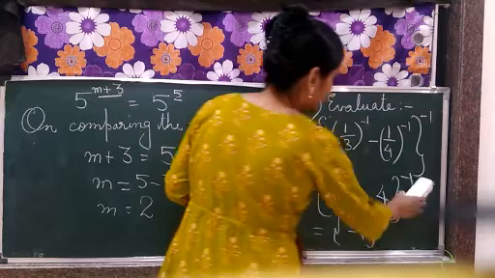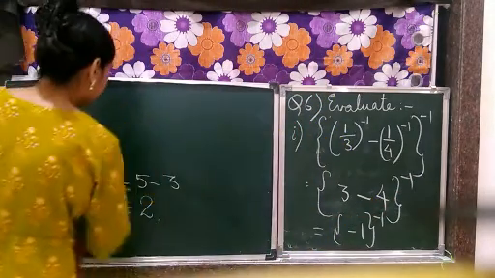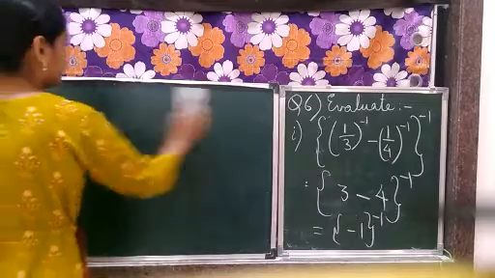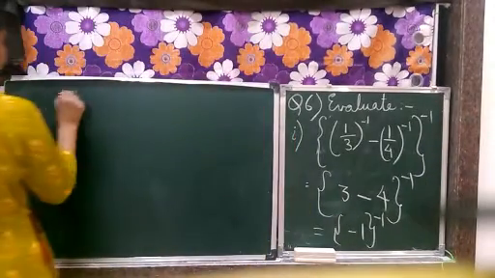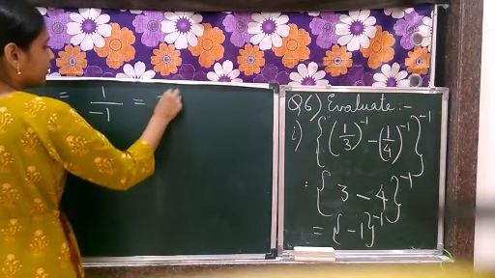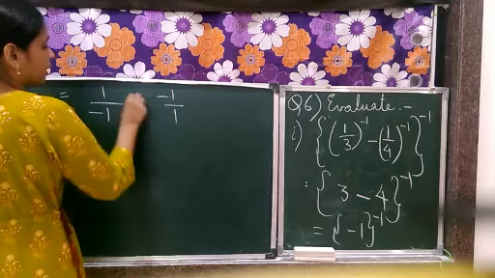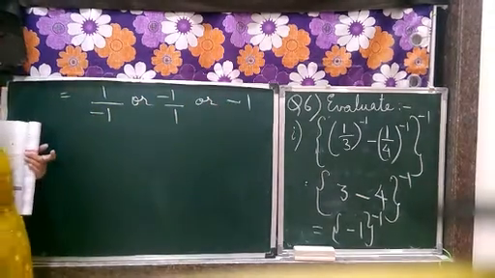Now we have written this exponent here. We are going to remove the negative sign from there and it will become 1 upon minus 1, or only minus 1 upon 1, or only minus 1. What did I do?